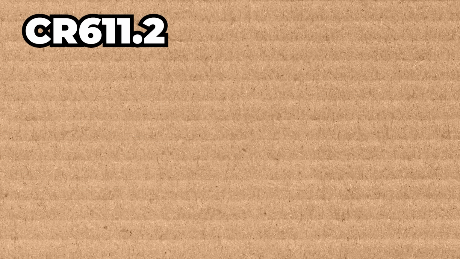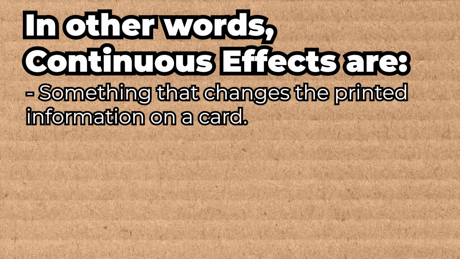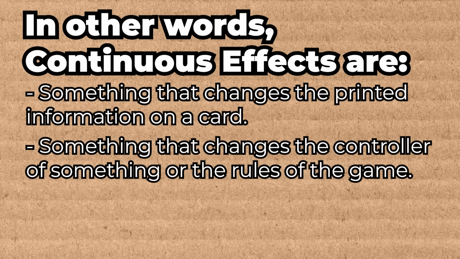And then, rule 611.2 tells us that a continuous effect may be generated by the resolution of a spell or an ability. Basically, something that changes the printed information on a card, changes the controller of something, or changes the rules of the game that is produced by a static ability or resolving a spell.